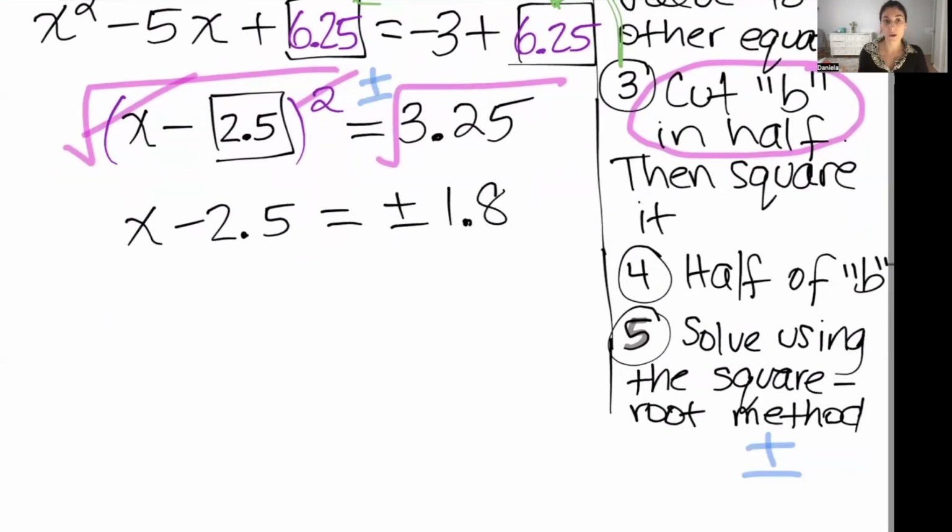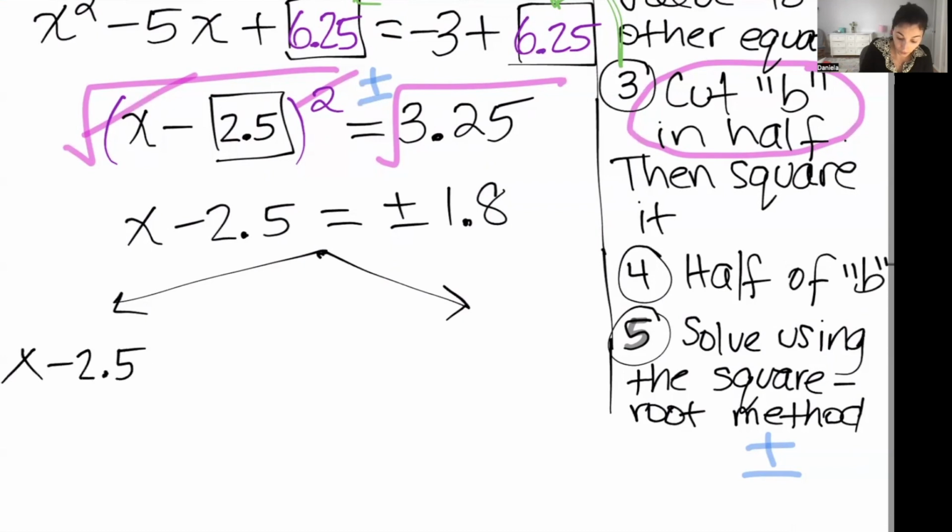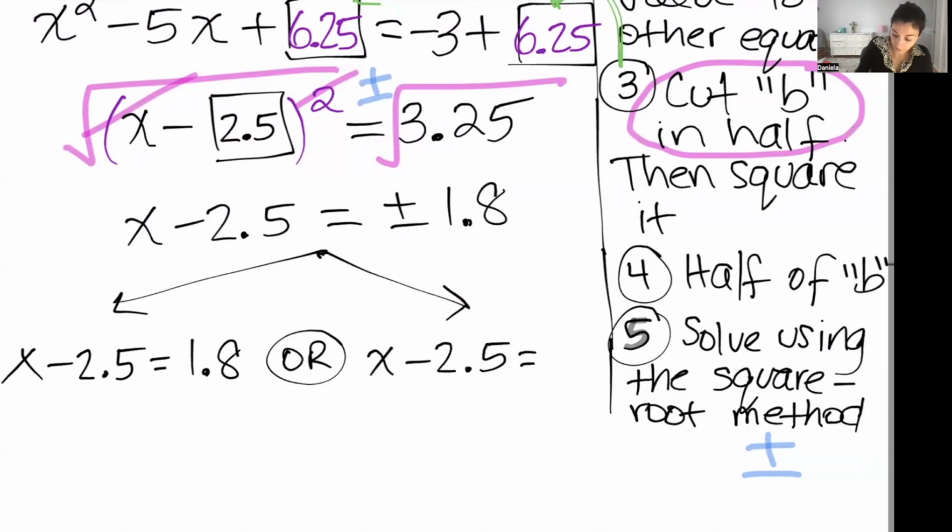Now we are one step away, if we combine like terms. Before I do that, you can in this step add 2.5 to both sides. I like to, at this point in time, remind my students what that is even saying. This is saying two things: that x minus 2.5 is equal to the positive 1.8, or, you guessed it, x minus 2.5 is equal to negative 1.8.